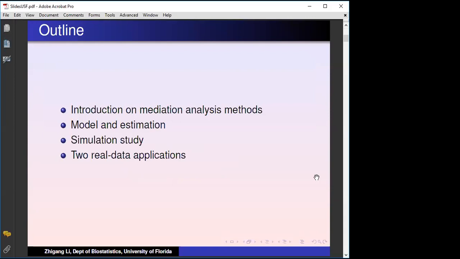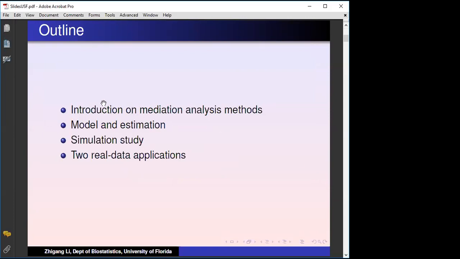First, I will give a brief introduction of the mediation analysis method, as well as the motivation of our method. Why do we need to develop this method? I assume that the audience will have some basic knowledge of microbiome or microbiota.